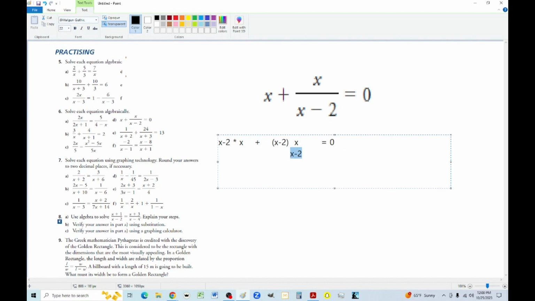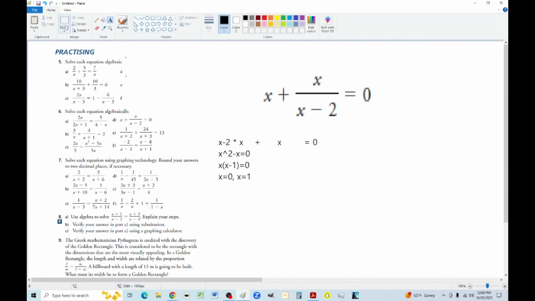And it's clear that these just cancel out. So I'm left with x times x minus 2, which is x squared minus 2x plus x is equal to 0. Minus 2x plus x is simply minus x. Factor an x out, I get x times x minus 1 is equal to 0. Therefore, x is equal to 0 or x is equal to 1 are my two possible answers.